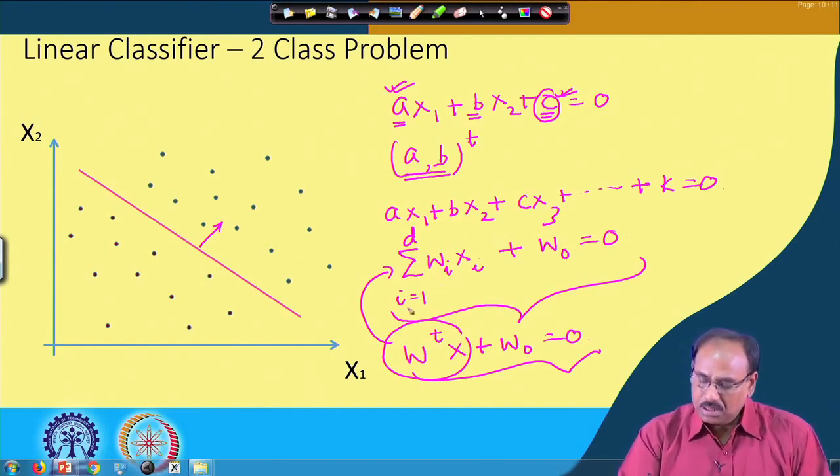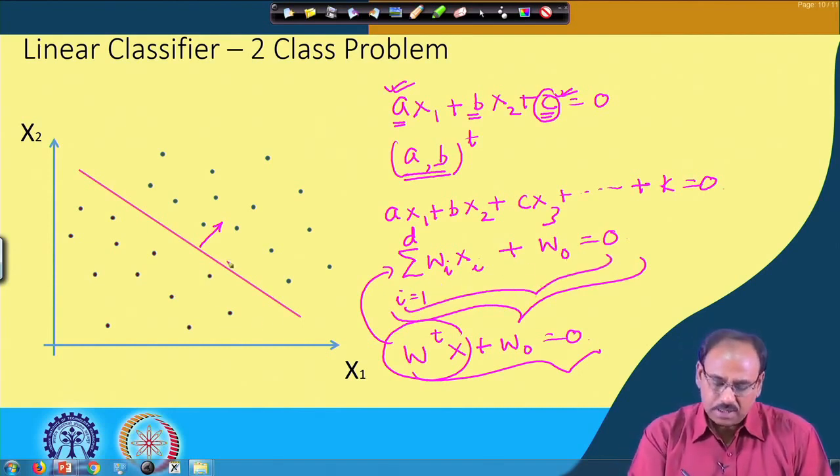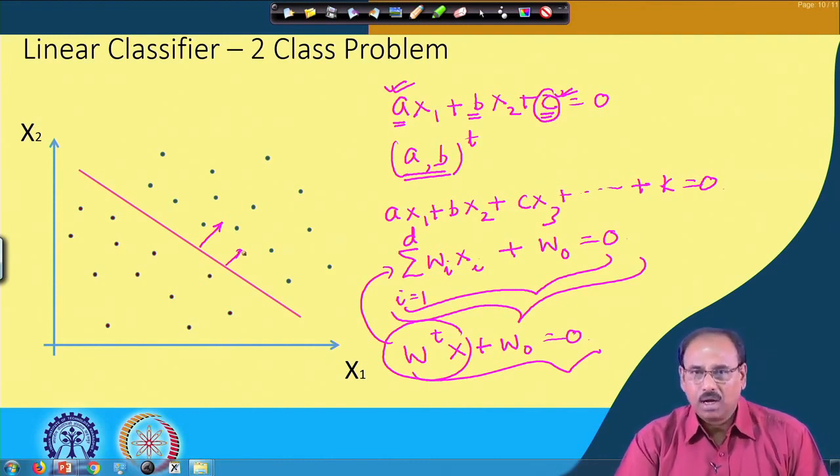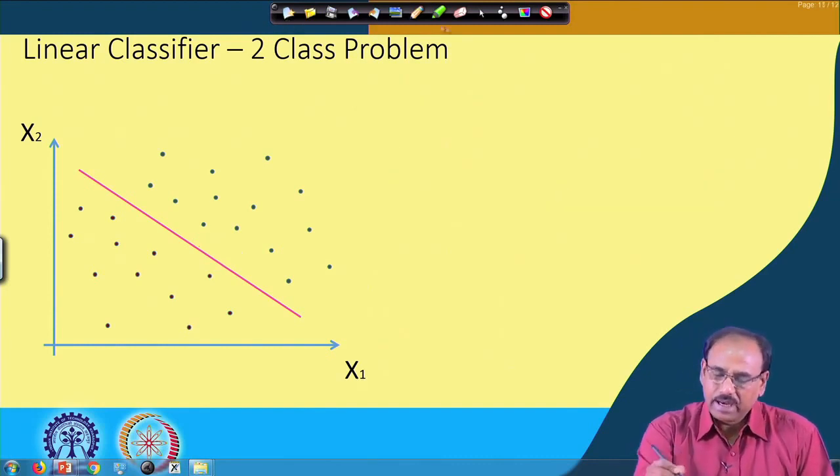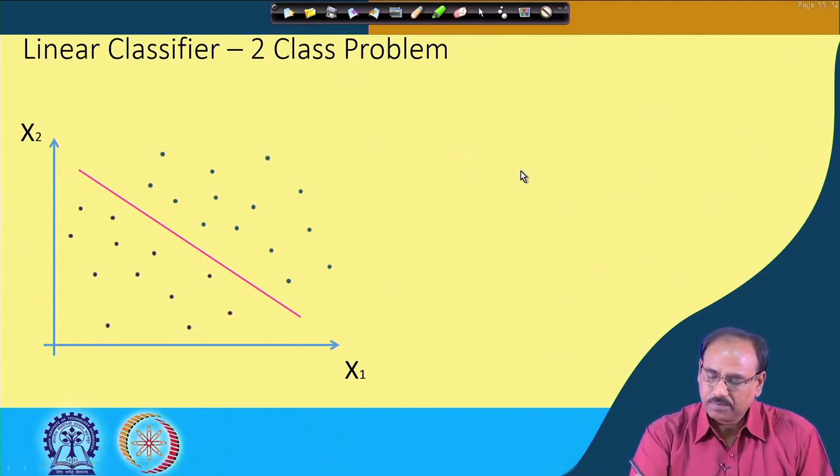So, this is the equation of the straight line or the plane which separates the feature vectors belonging to two classes omega 1 and omega 2, or omega i and omega j. Given this, now I can move further.